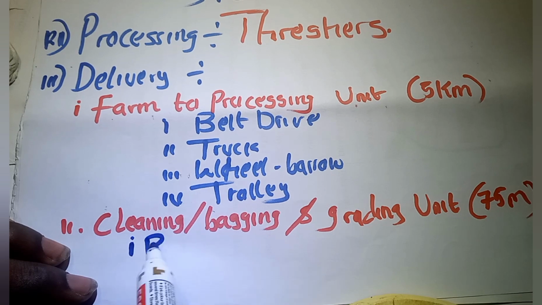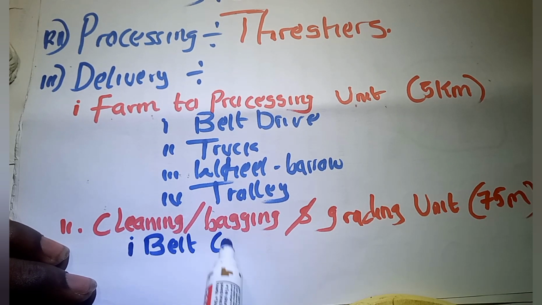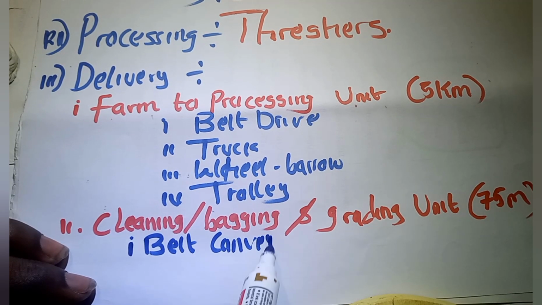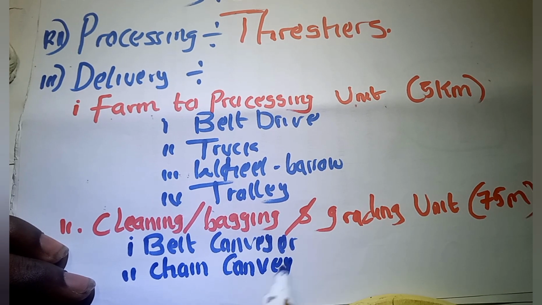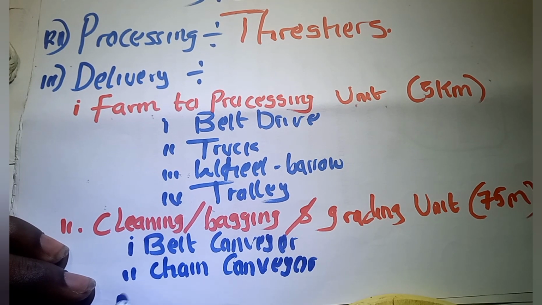Figure one, belt conveyor. Then after belt conveyor, the chain conveyor. Then screw conveyor also.